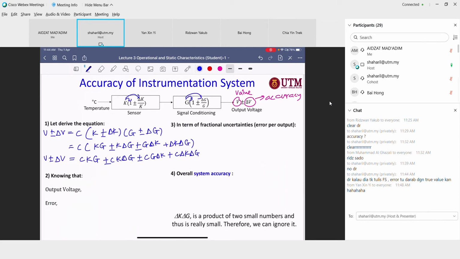Then we can group the output voltage and error accuracy. So we get V equal to C K G, and then we can get the error or accuracy equal to C plus minus.